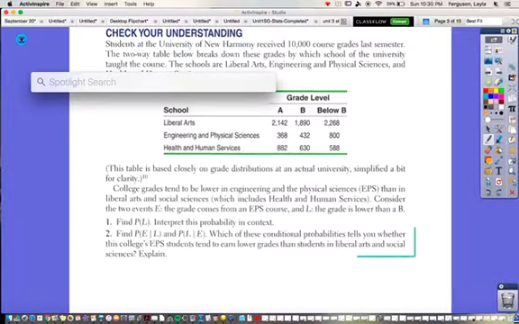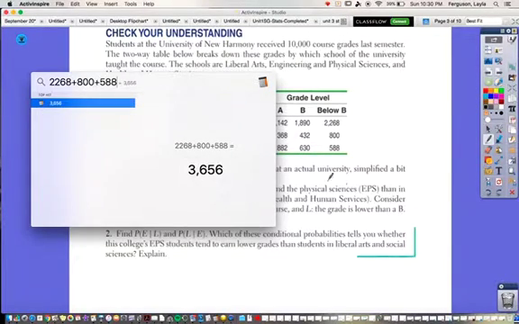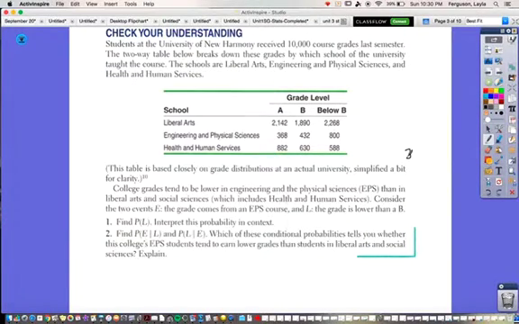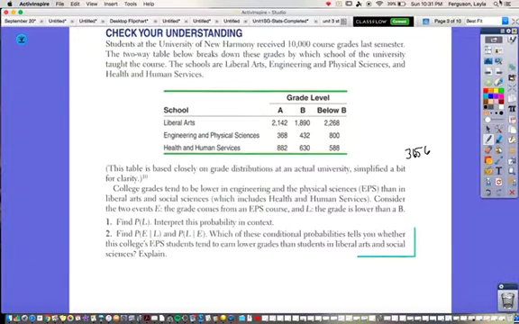So what you would need to do is say 2268 plus 800 plus 588, which gives you a total of 3,656 out of 10,000, because there's 10,000 total.